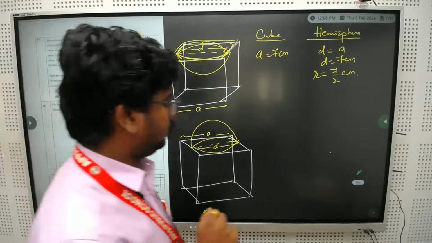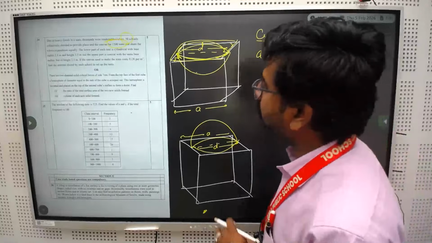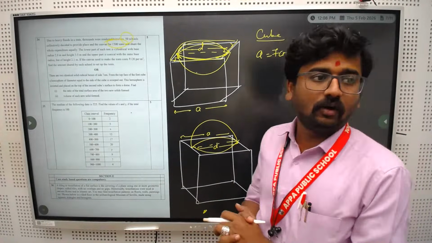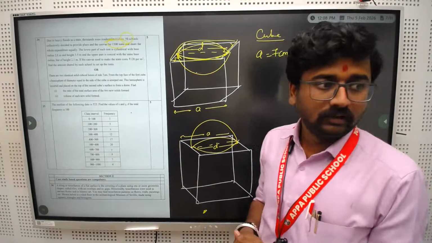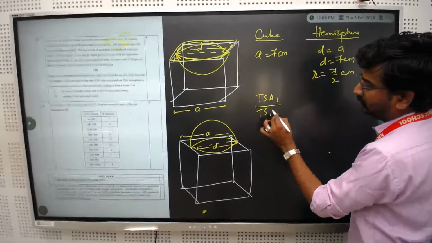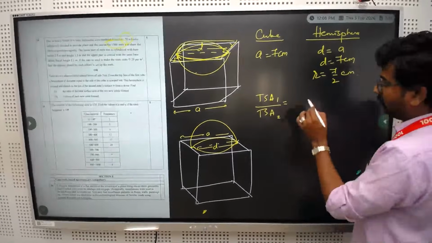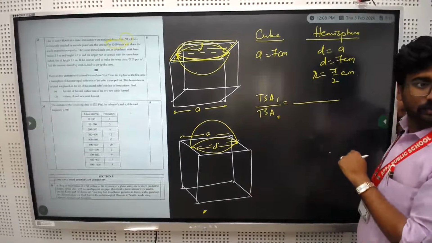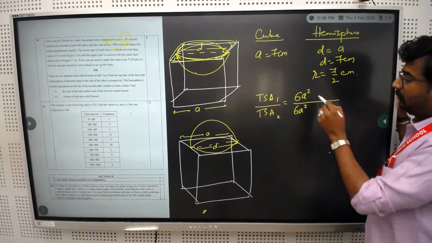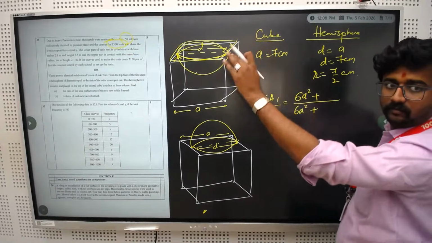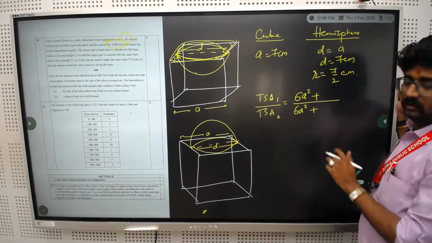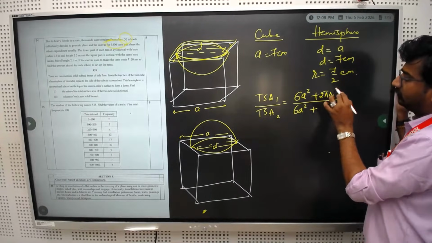Note down. What is the question? Find the ratio of the total surface area of the two new solids formed. That is 1 and 2. TSA of the first cube by TSA of the second cube. Both are cubes only. 6a square, 6a square, plus both have a hemisphere, when scooped also and when surmounted also, 2 pi r square.